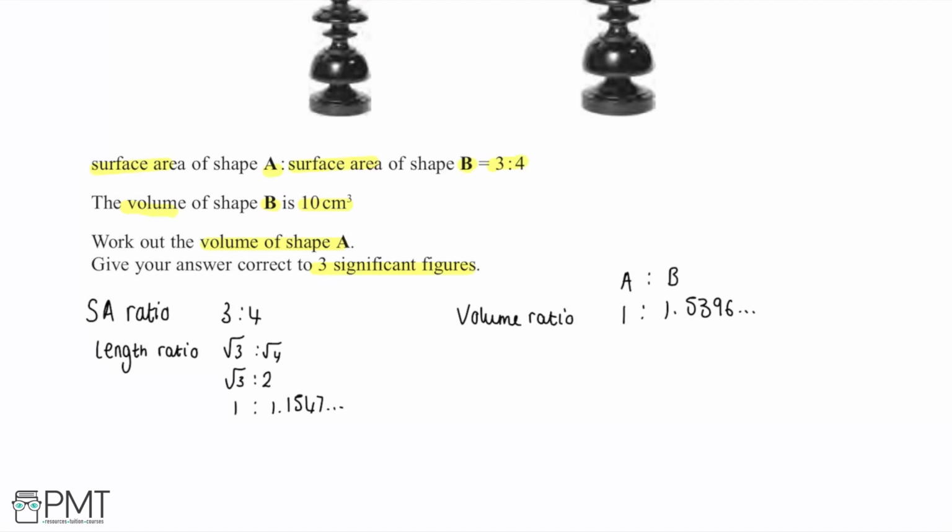We know that the volume of B is 10. So if we change this into a ratio x to 10, where x is the volume of shape A, then in order to work out what x is, we can simply take this 10 and divide it by 1.5396.